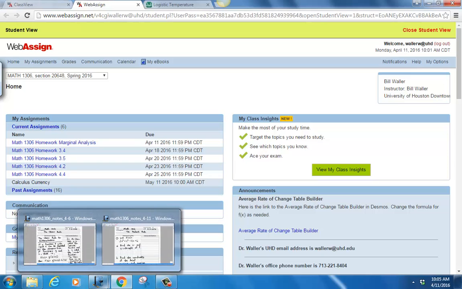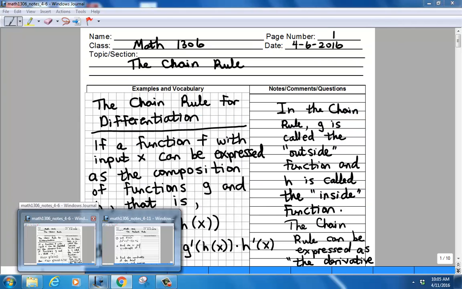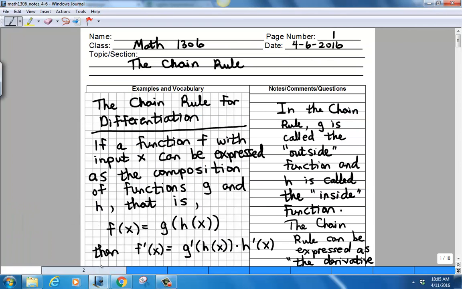So let's look back and look at some examples of this so-called chain rule. So the idea of the chain rule is you've got a function. It's got to be a fairly complicated formula. So the chain rule is to help us find derivatives of formulas that are a little bit more complicated than the ones that we've done up until now, okay?